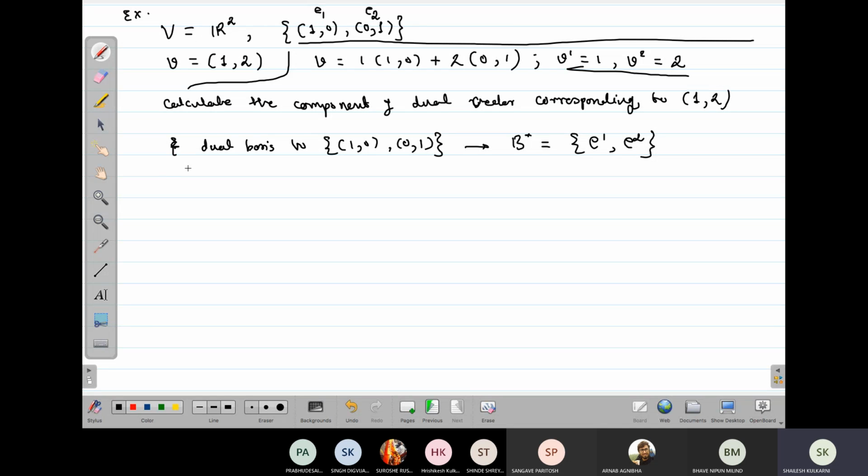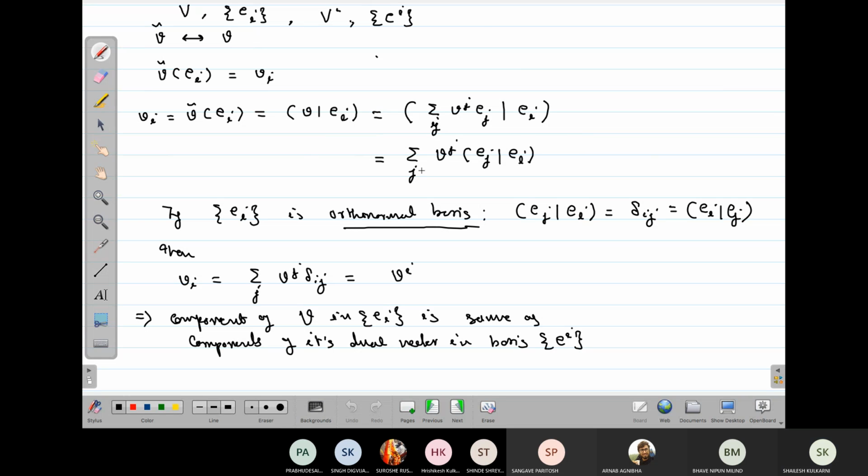Now you take this vector (1,2) and write this same vector in this dual basis and collect the components. That is one thing. Then you consider the action of this (1,2), use this map, and find the components.